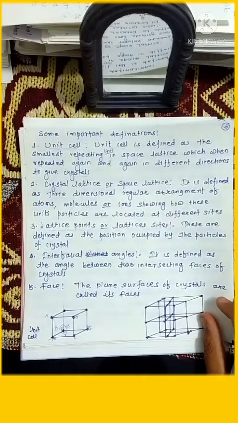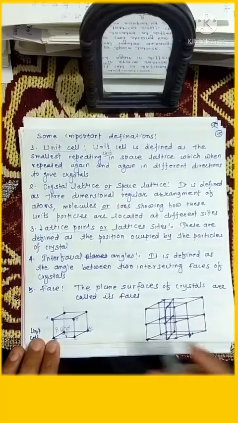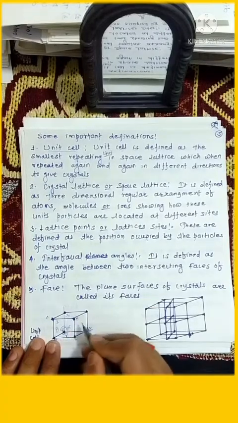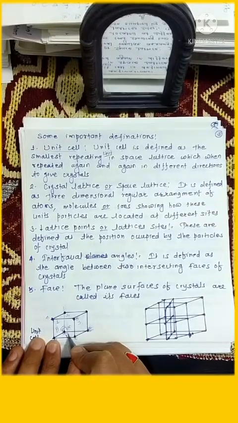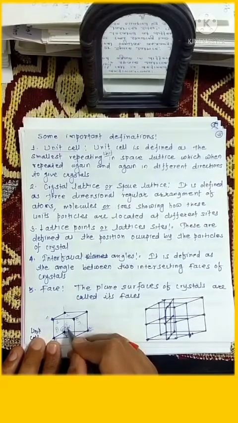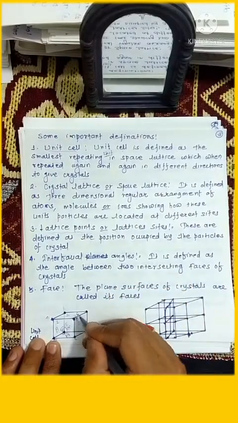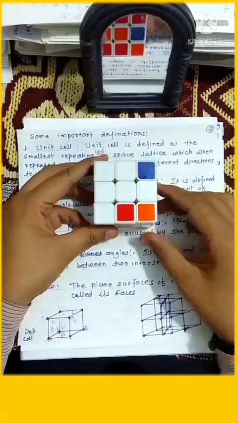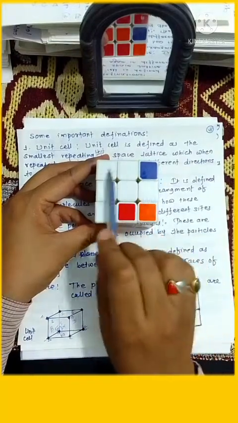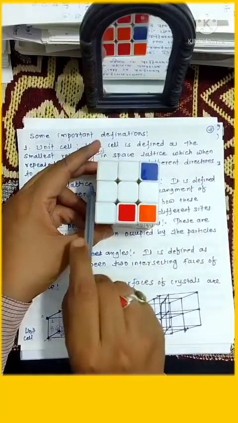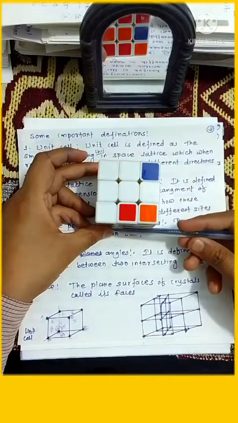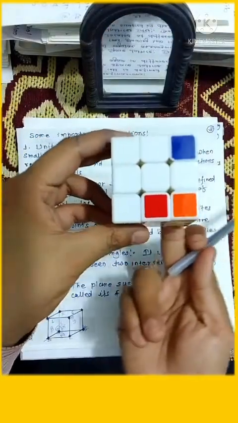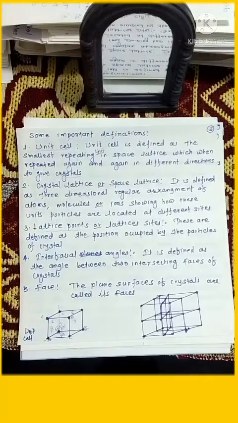So always remember, in a cubic structure there are always 6 faces: this is the first, this is the second, this is the third, this is the fourth, this side face is the fifth and that side face is the sixth, which is below. So a cube always has 6 faces.